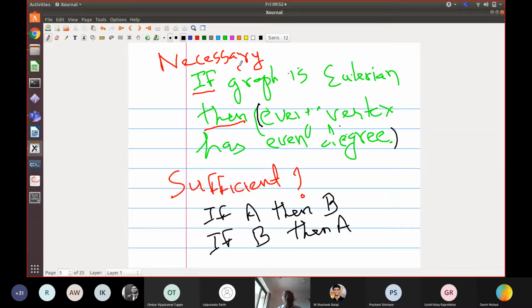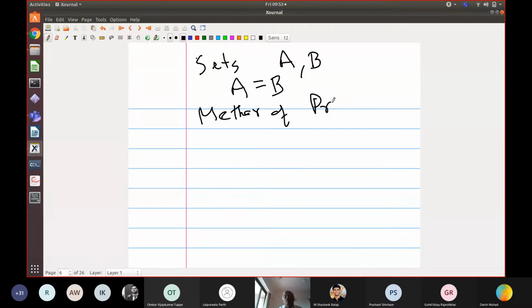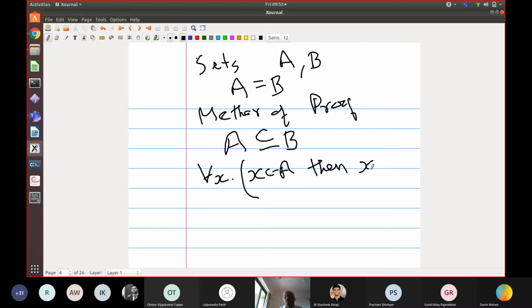Typically, you will be given sets A and B, and what you will be required to prove is that set A is exactly equal to set B. And the method of proof is to show that A is a subset of B. That is, for all elements X, if X belongs to A, then X belongs to B, right? This is proof in one direction.